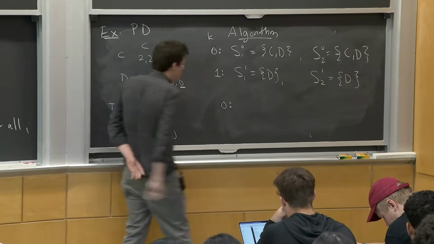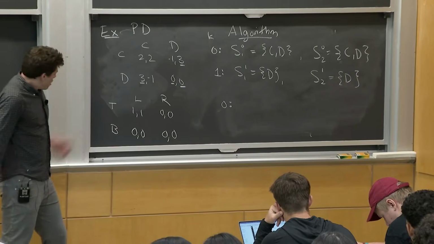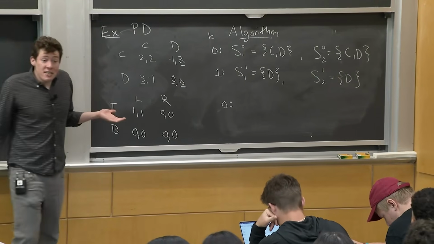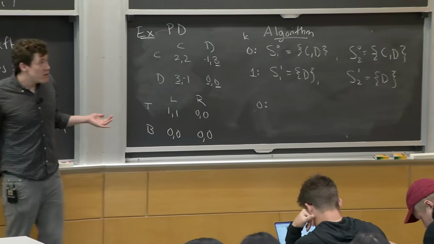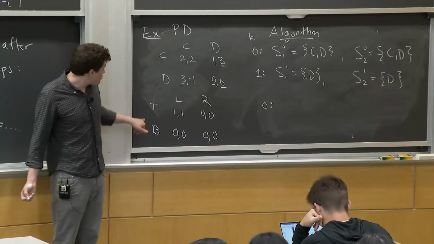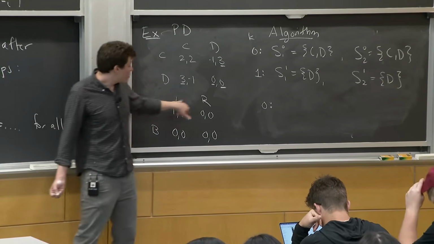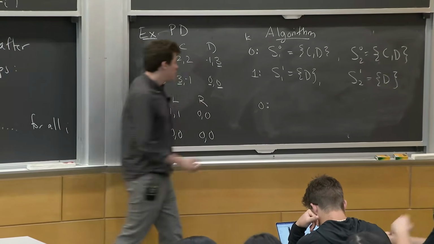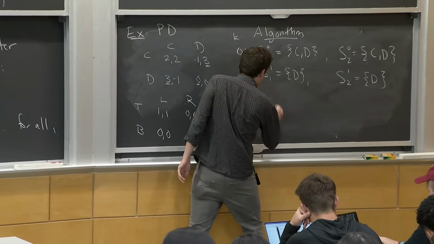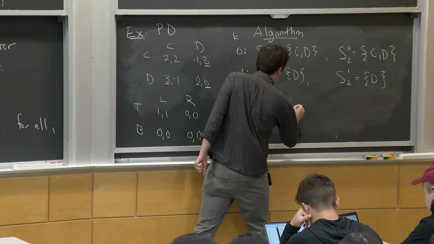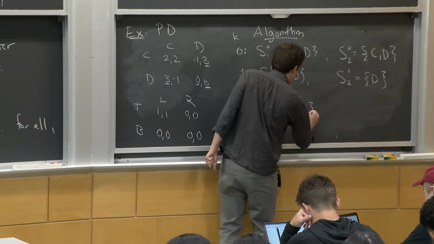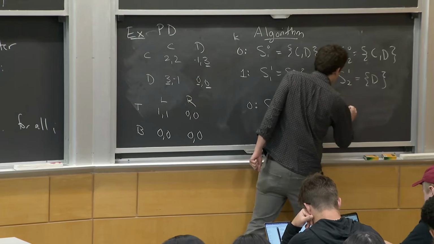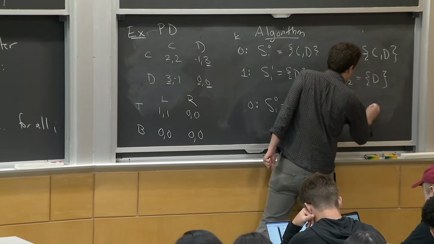And let's go through our procedure. So again, step 0 is easy. We're just writing down the strategies the players have. Player 1 strategies are T and B. Player 2 strategies are L and R. So we have S1,0 equals TB, and S2,0 equals LR.